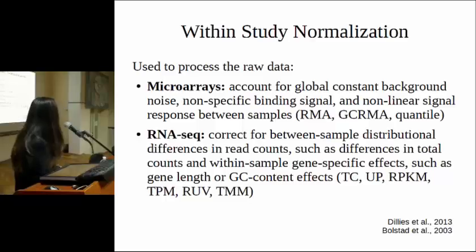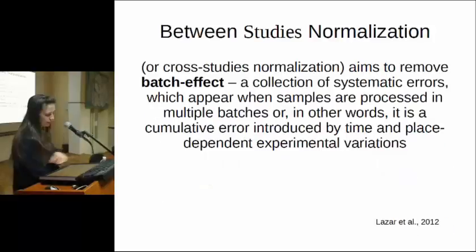And next, if we're sure that we normalized the data set correctly within one study, we can actually go for cross-experiment normalization. And in that case, we will have to deal with such a thing as batch effect. So actually, it's just a technical variation which can be introduced, for example, because you did your experiments within a different time frame.